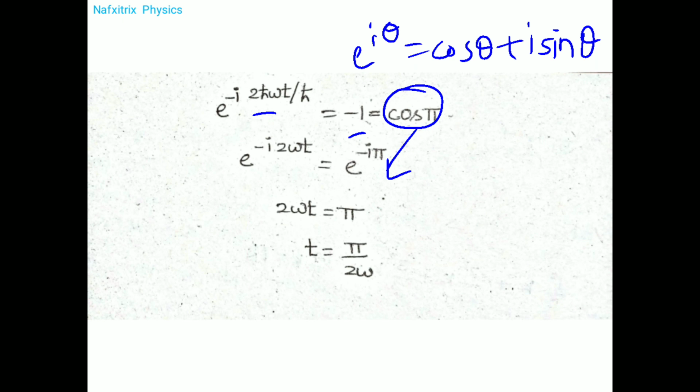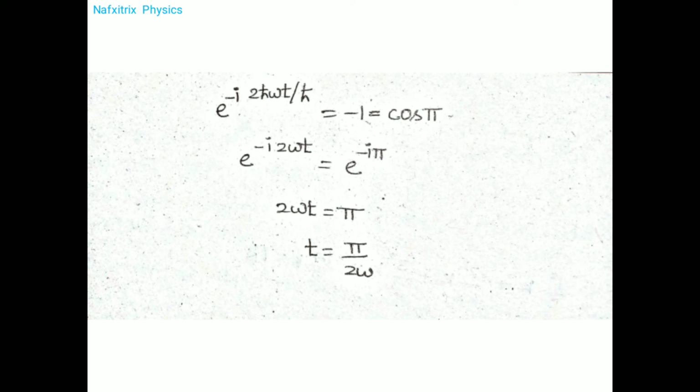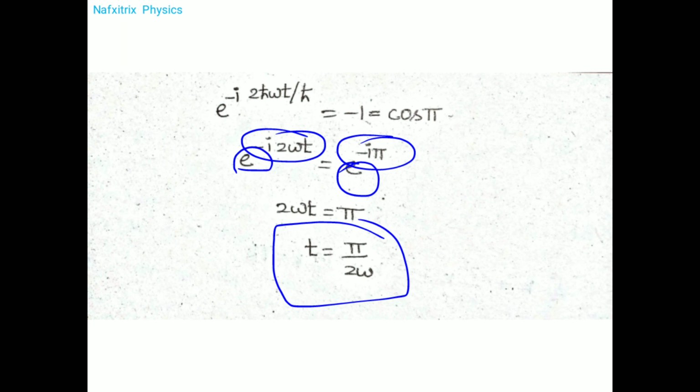So cos π is minus 1, sin π is 0, so we would get minus 1. We write it in this form so that the bases are equal, then their corresponding exponents would be equal. That means this is equal to this, so minus i would get cancelled. 2ωt equals π, and t is π by 2ω. So this is that time.